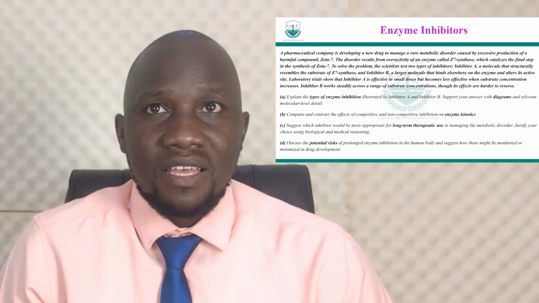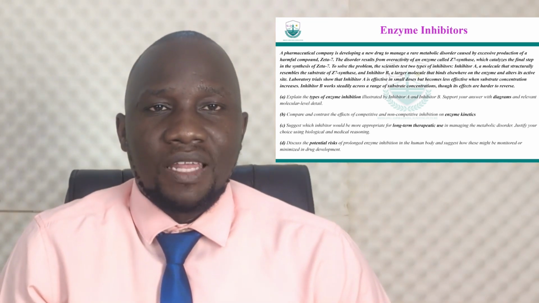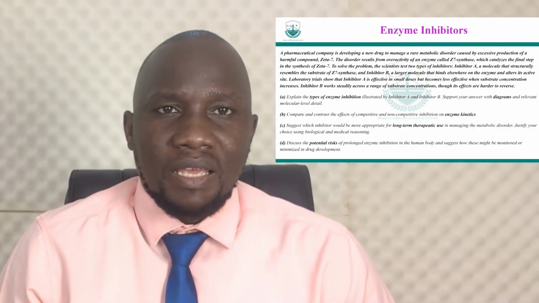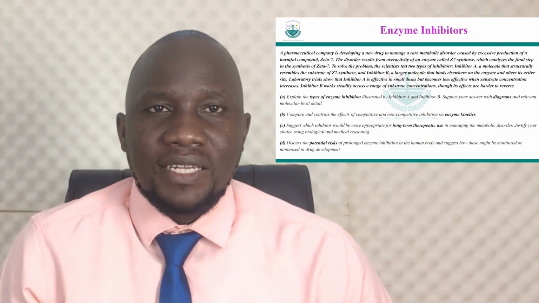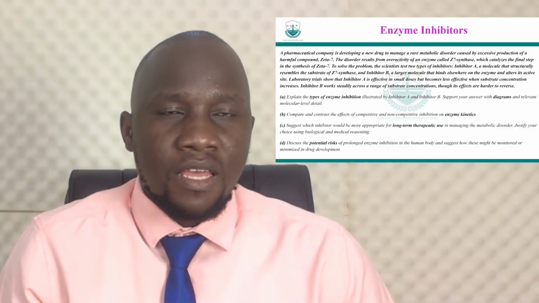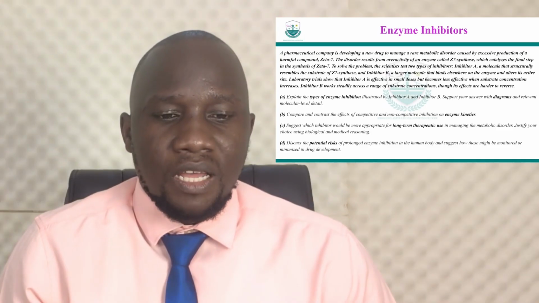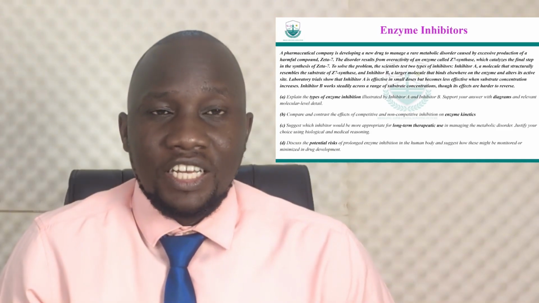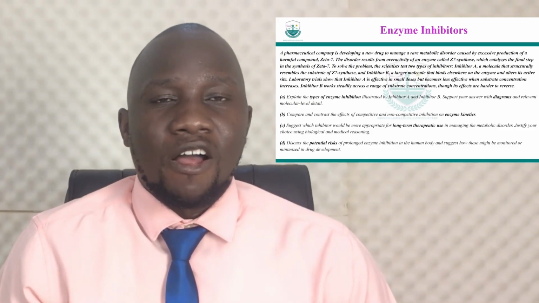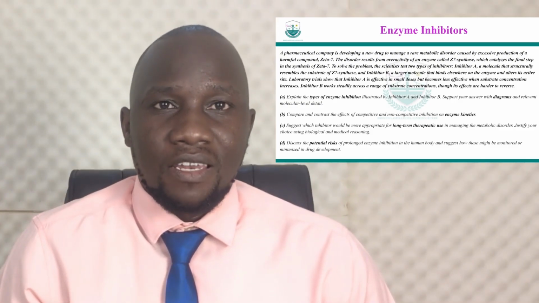So in the body, we have a lot of zeta-7, but we have an enzyme that catalyzes the final reaction for forming that zeta-7. Now, to solve the problem, if the scientist can inhibit the action of this enzyme, it means that we shall not have this zeta-7.